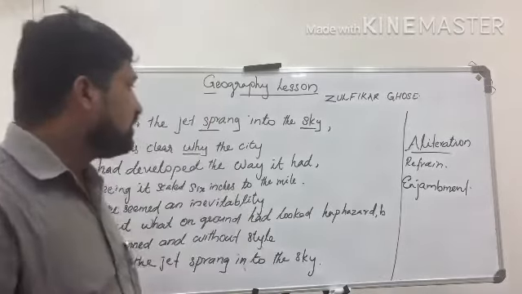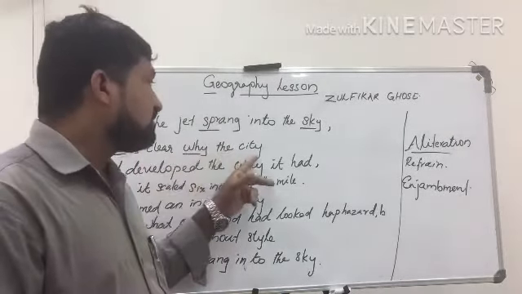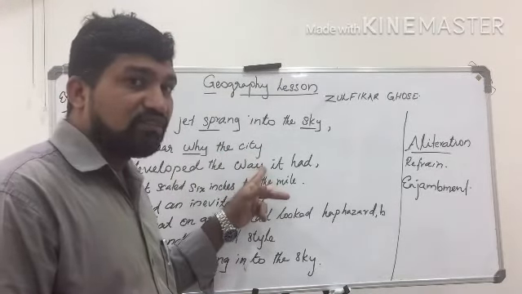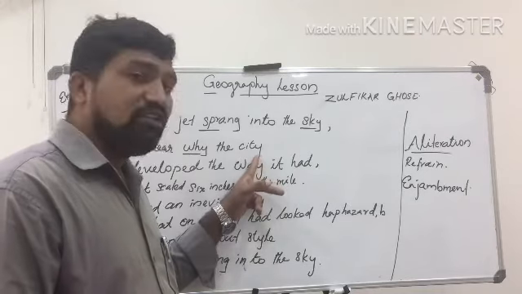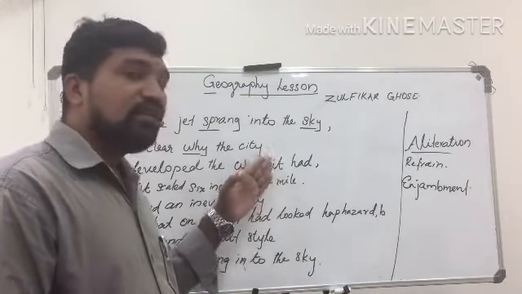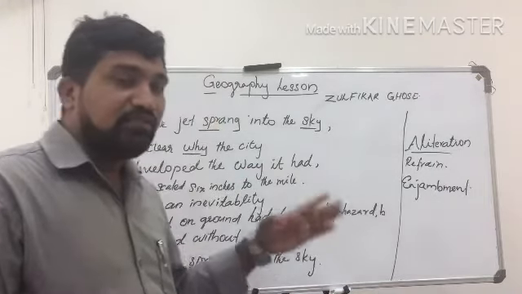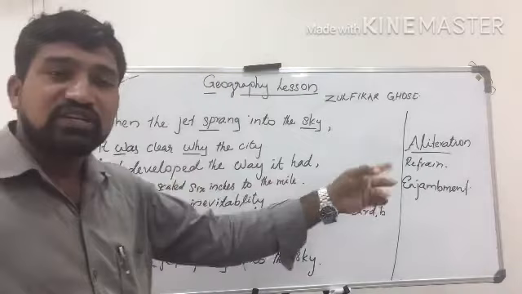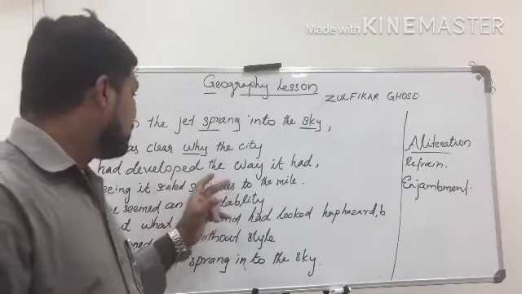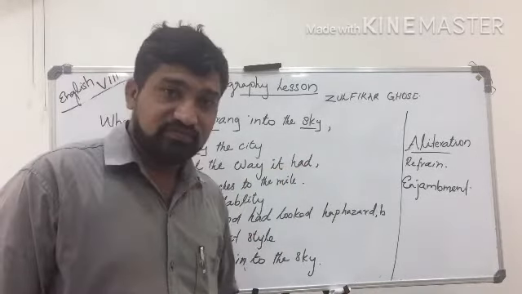Now look at the second line. It was clear why the city. There is no punctuation after the ending of the line, city. There is no comma or full stop. The line goes to the next line without any punctuation, and they started seeing its scale, had developed the way it had.